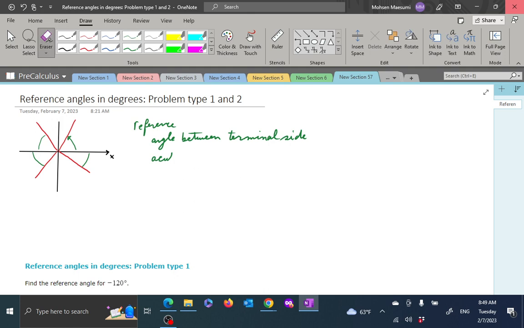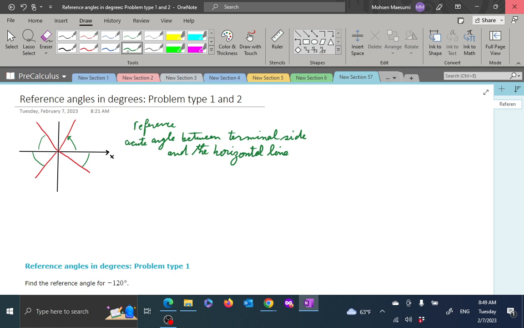Excuse me, let me finish the sentence: the reference angle is between the terminal side and the horizontal line, and it's an acute angle. So that's an important thing. We want to convert our angle to something between 0 and 90 degrees.